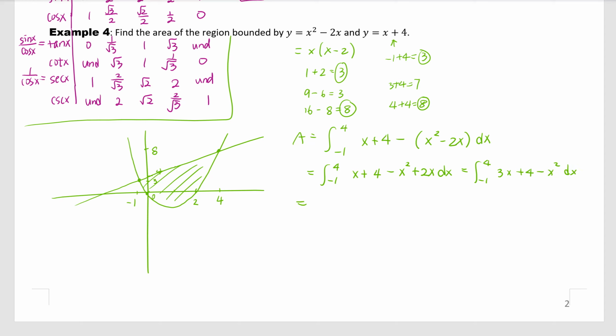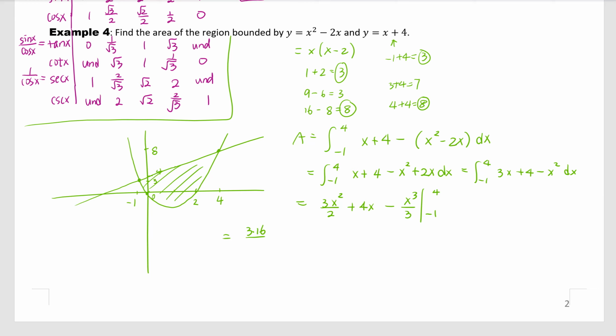Okay. Let's integrate. 3x becomes 3x squared over 2. 4 becomes 4x. And this is x cubed over 3, right? This is the integral. We add 1 to the exponent and divide by the new exponent. Evaluate from -1 to 4. That means we plug in 4 first.